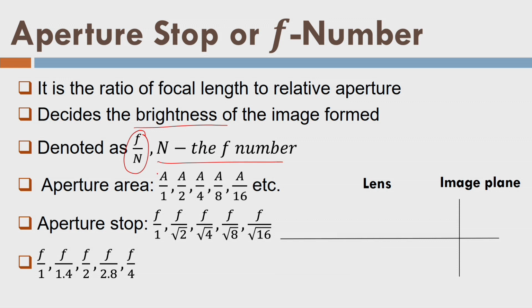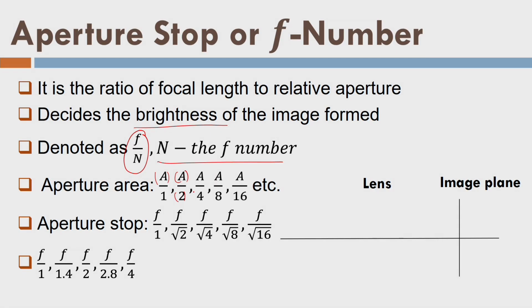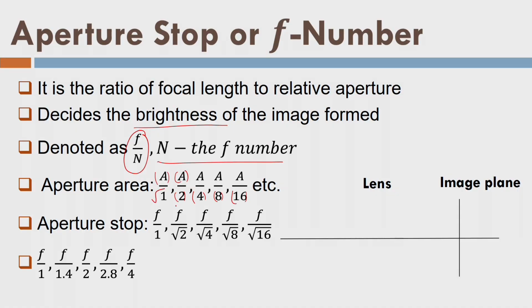So let us say I have aperture area A, and if I reduce it by 2, that means I am reducing the amount of light by 2, or I can reduce it by 4 times, 8 times, and so on. What will happen? I need to reduce the diameter of the aperture by the square root of this, let us say square root of 1, square root of 2, square root of 4, and so on.